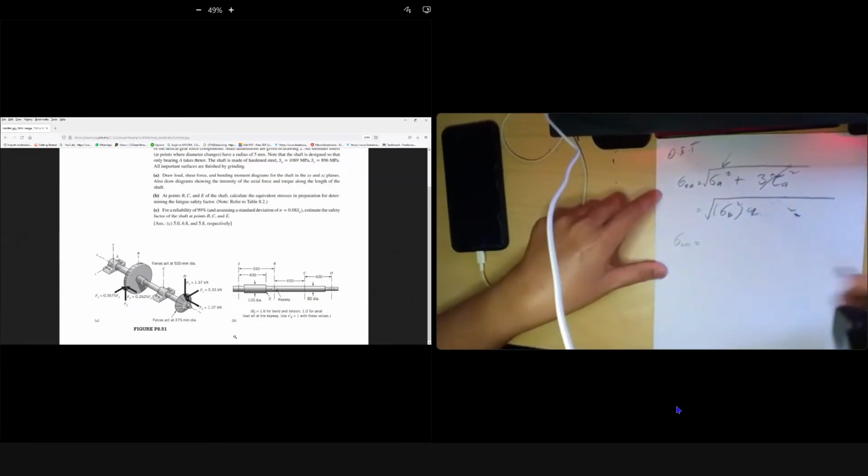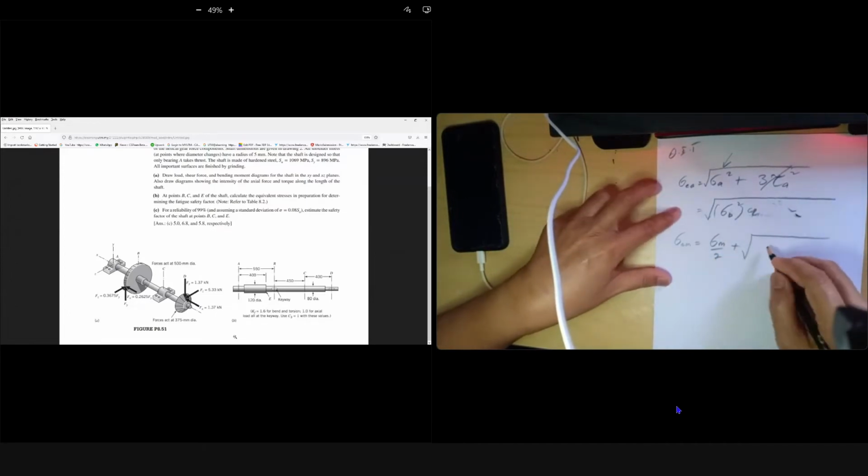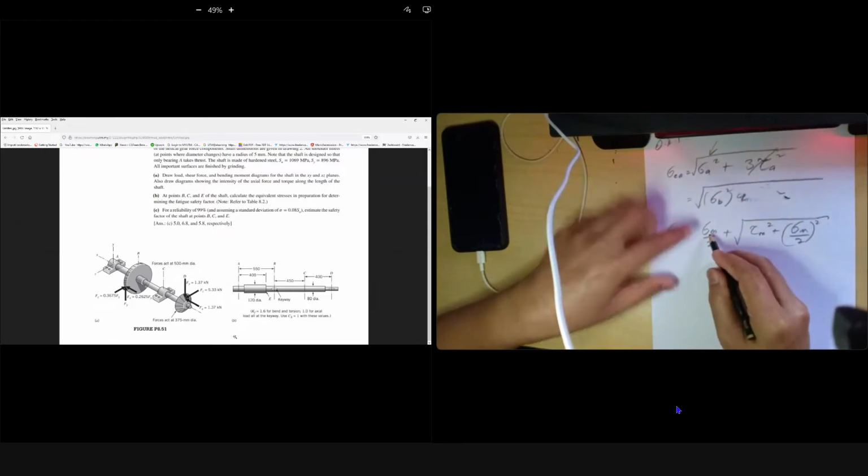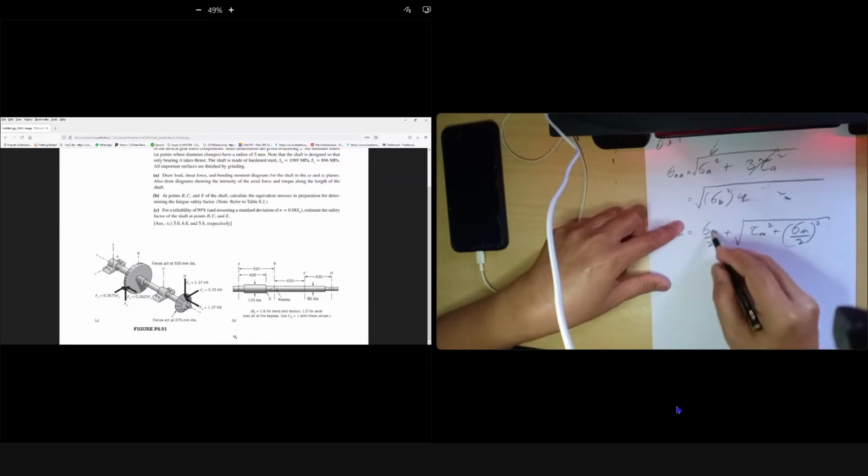Okay, for sigma AM, be careful: sigma M over 2 squared plus tau M squared. For sigma min, what do we have?